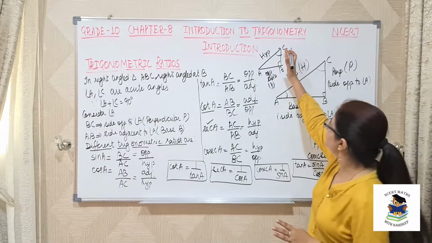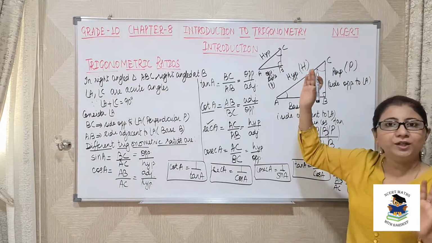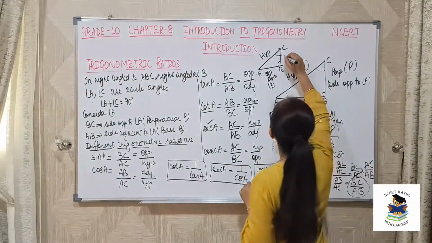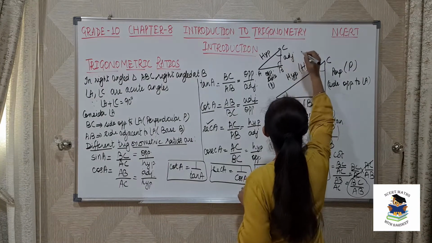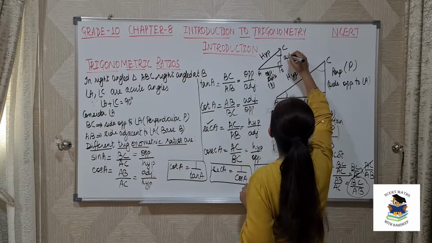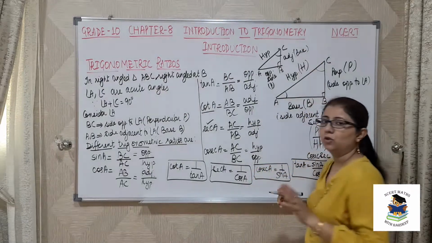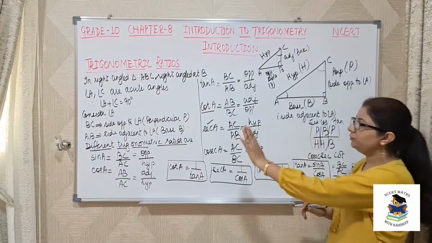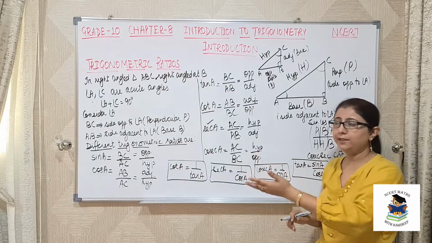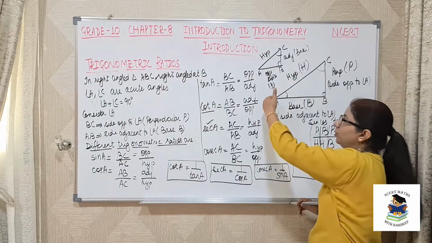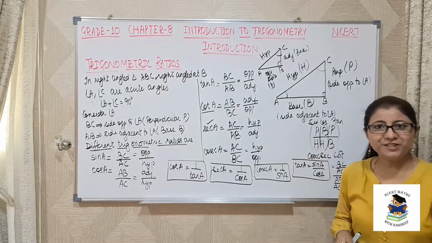And this BC will now be the adjacent side, or base. So values of these ratios will change accordingly with the values of your opposite side and adjacent side.